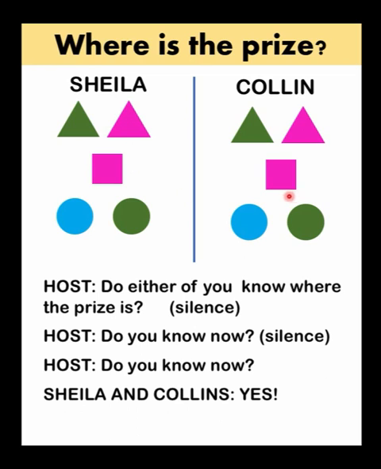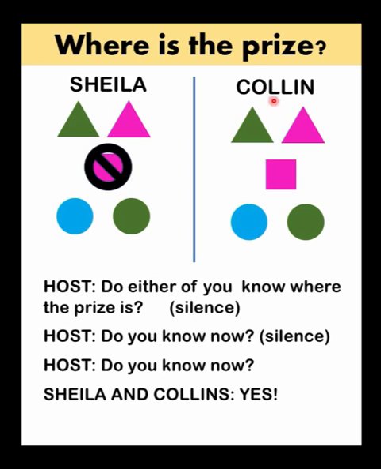The implication of that is, since Sheila knows the shape, if the correct answer is a square, then Sheila would have known already the correct answer right at this first step, because there is only one square, but she was silent. This implies that this pink square is not the correct answer.